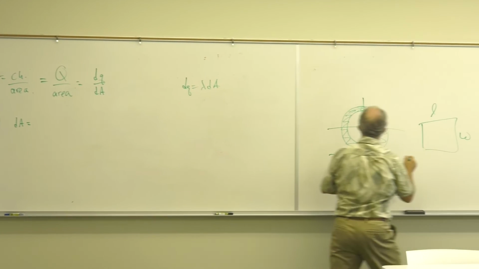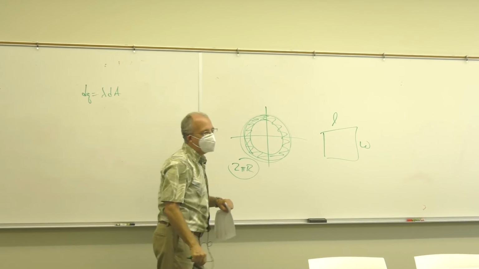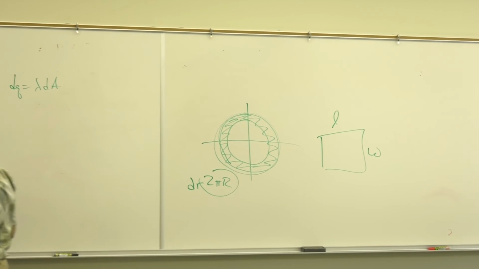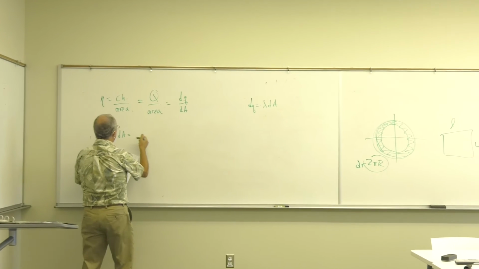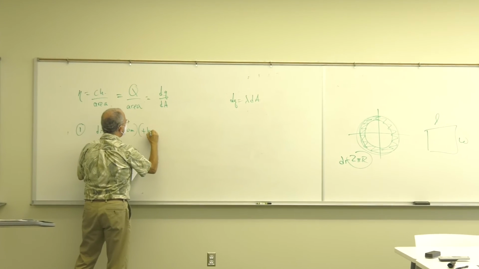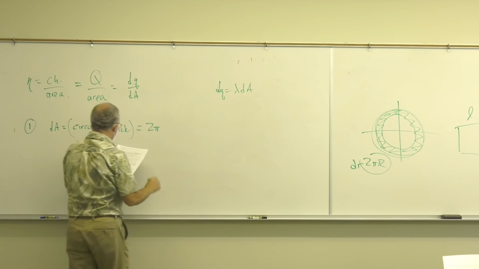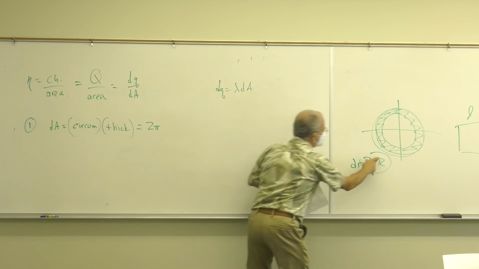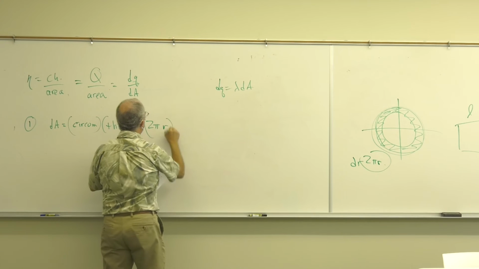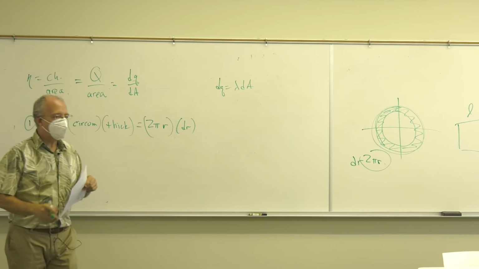Length times width. Okay, this is the length, right? The 2 pi r. What's the width? dr. So number one, the dA is the circumference times the thickness, which is 2 pi, by the way, small r, right? For the wire, small r. So it's 2 pi r times dr, okay? All right, does that make sense?